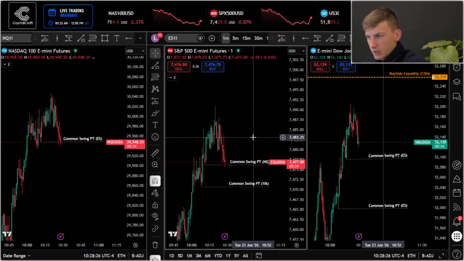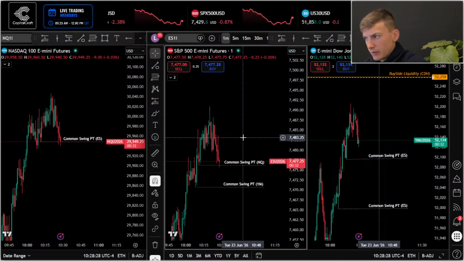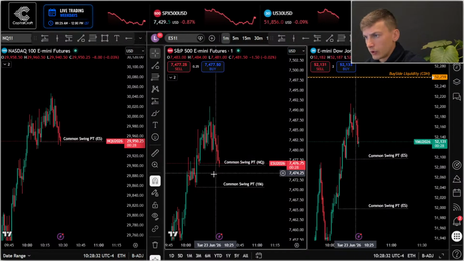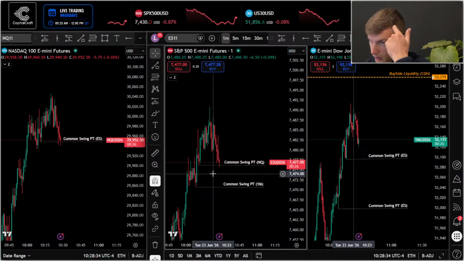Right, so all we're looking for now is essentially just to change state of delivery. We've gotten a previous swing point violated.